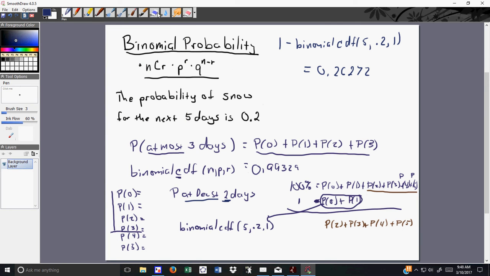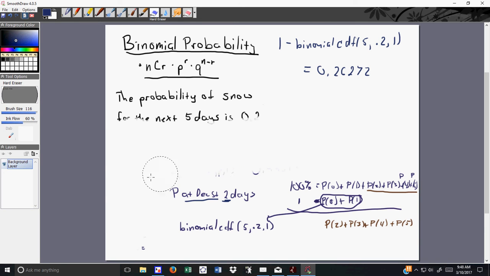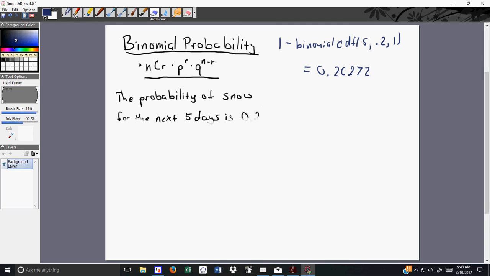So really, I'm going to sum this all up very soon. If you want to find a binomial probability of exactly r trials, or sorry, n trials r times, you have binomial PDF of n, p, r.